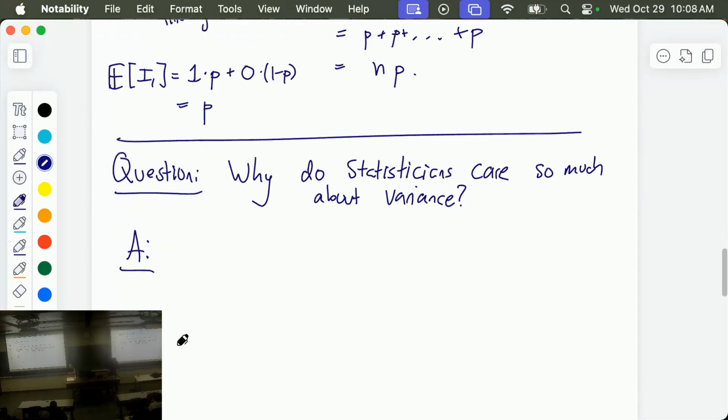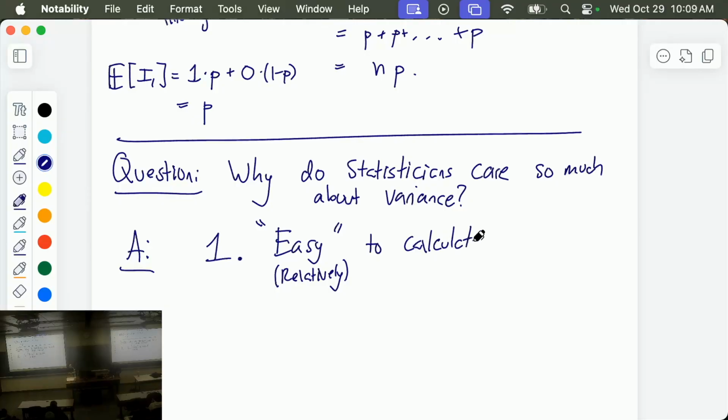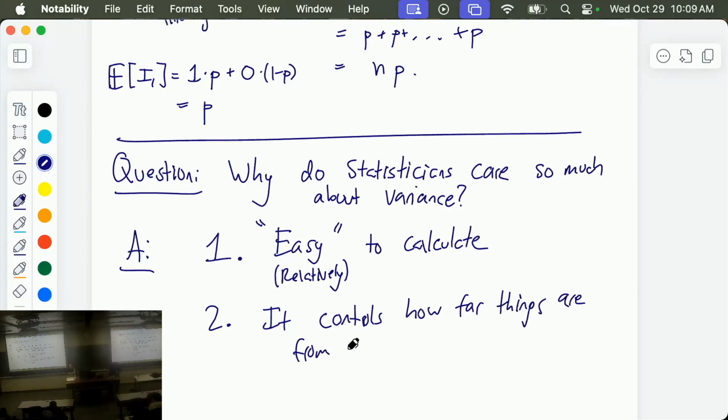Answer number one is it's relatively easy to calculate. And two is it controls how far things are from the mean.